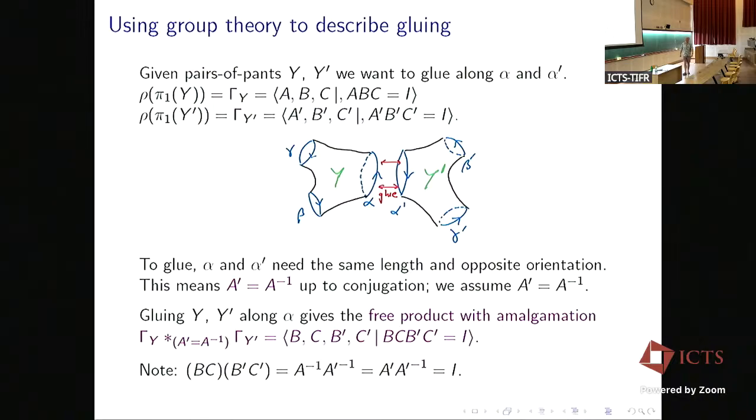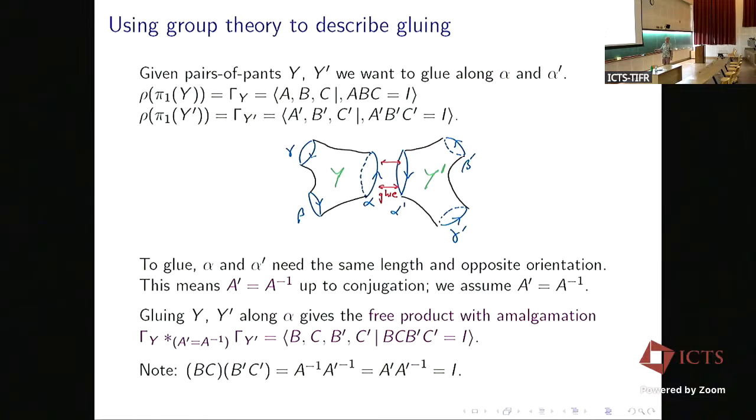And so this group, when you think about it, A was determined by B and C, and A prime was determined by B prime and C prime. And so I end up with the free product with amalgamation being, in fact, this group here, which is now a group on 4 generators with a single relation. And that relation comes from the fact that BC is A inverse, and B prime, C prime is A prime inverse.